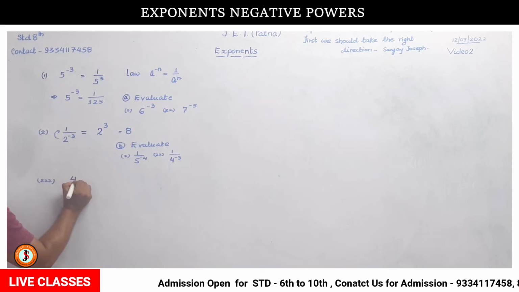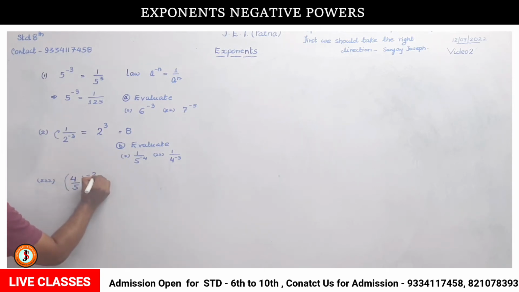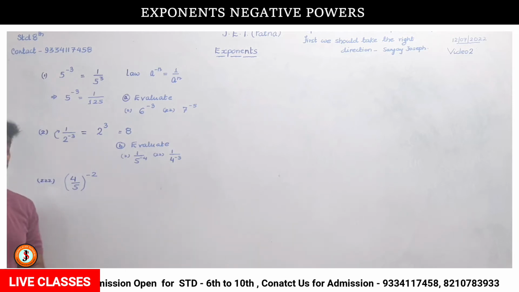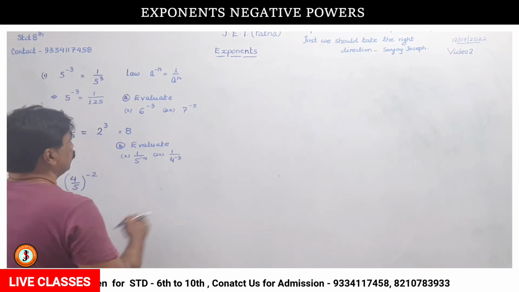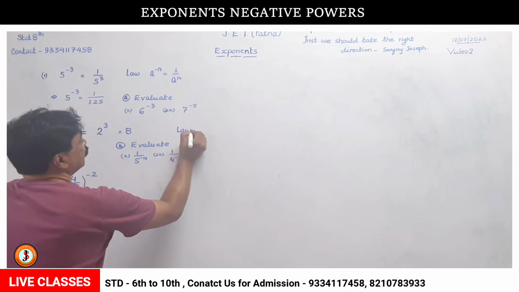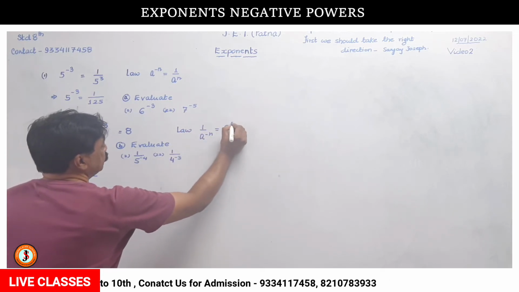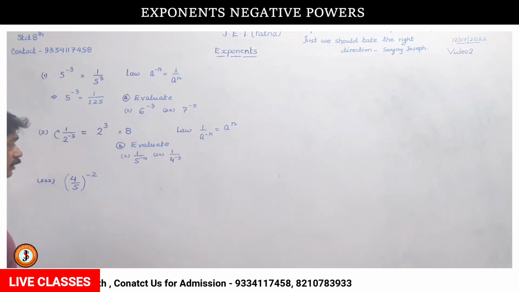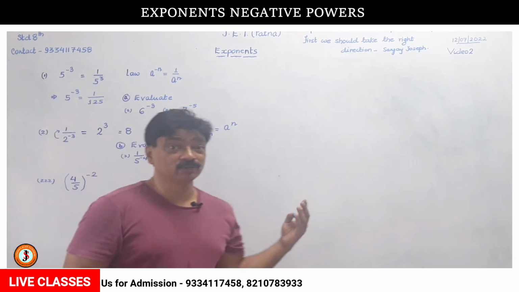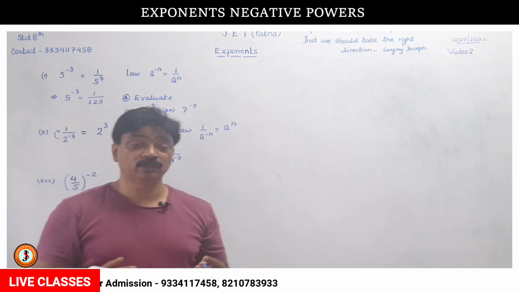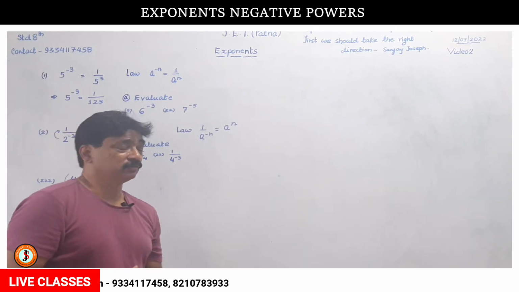If we have got negative power on a fraction, 4 by 5 to the power minus 2. What do we do here? It is the same, it's a combination of that, and therefore I will write law number 2: 1 by a to the power minus n is equal to a to the power plus n. That means when a term with a negative exponent shifts from the denominator to the numerator, the negative exponent goes and the exponent becomes positive.